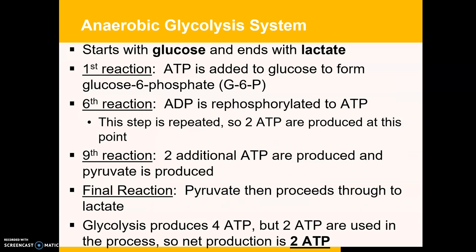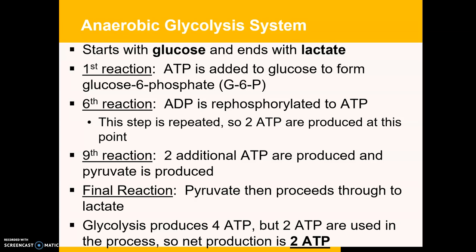So beginning with glucose, if we recall the schematic of anaerobic glycolysis, they begin with glucose. Two out of the first three reactions require ATP. So they require the input of energy for the reaction to proceed.